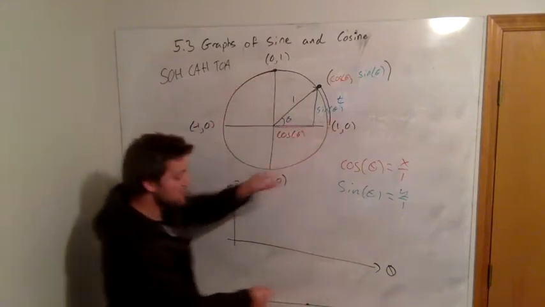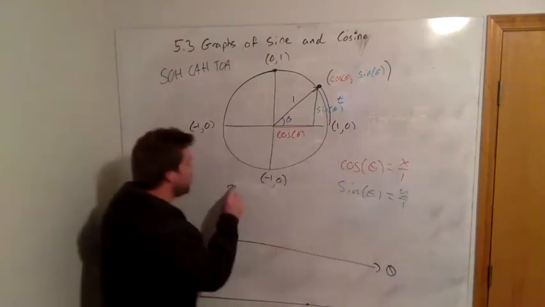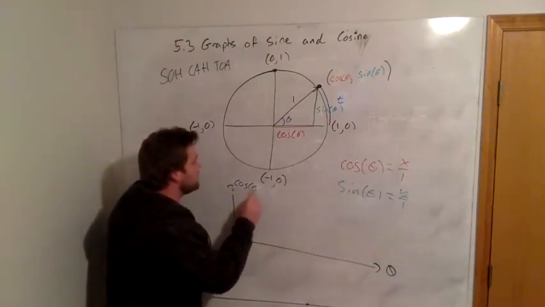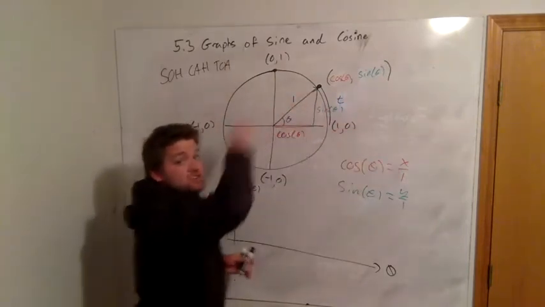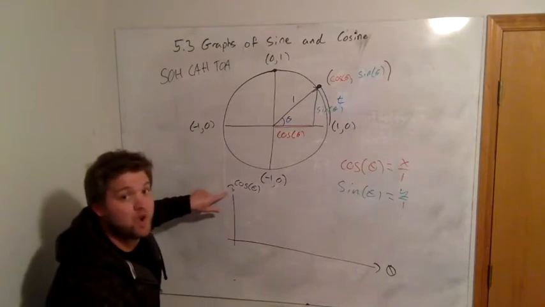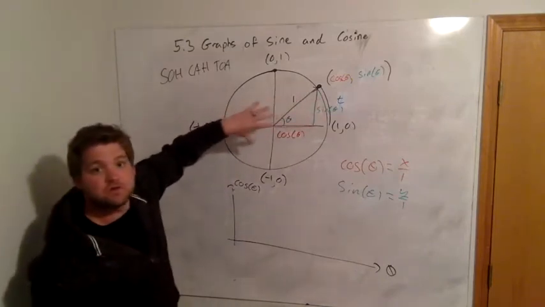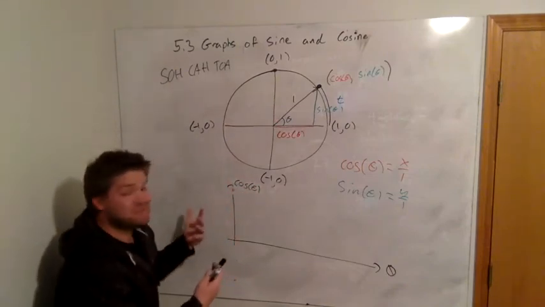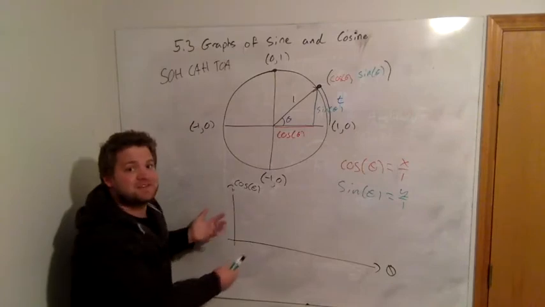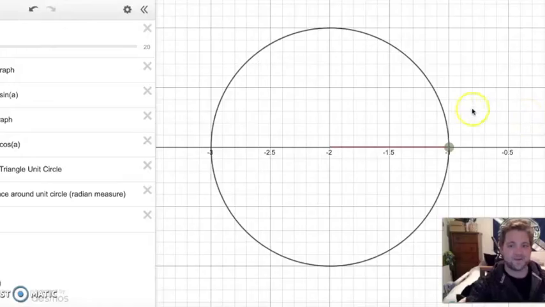Similarly, if I was mapping cosine of theta, as I rotate around the unit circle, what I want to map on the y-axis would be the x-coordinate, or the width on the unit circle. Now, instead of me sitting here and trying to roughly plot these, I've built an animation for you. We'll see you there. Okay, here we are.